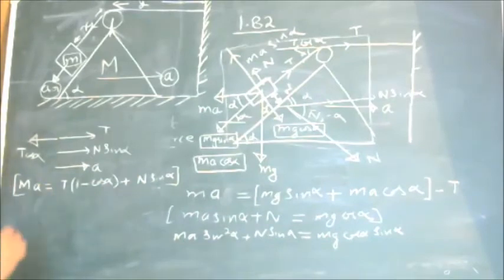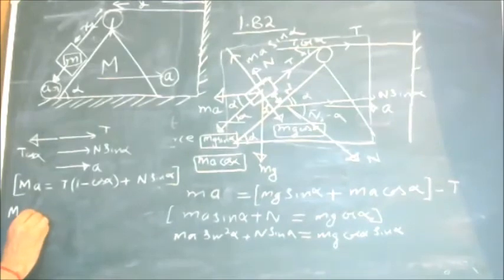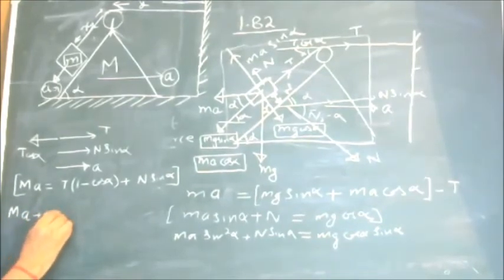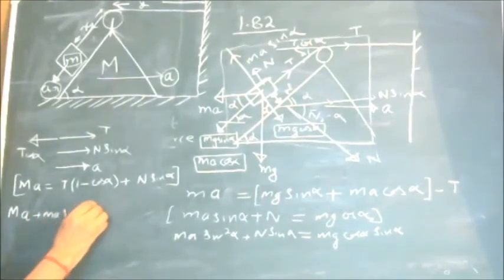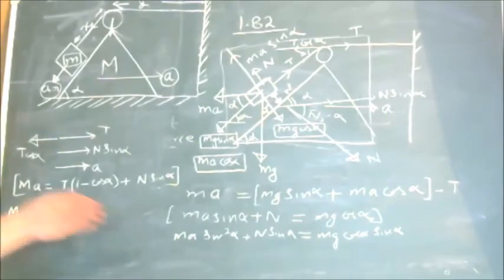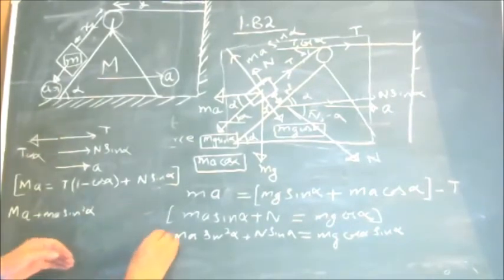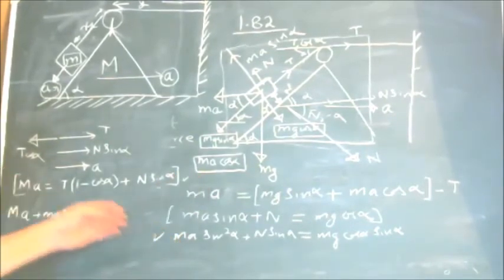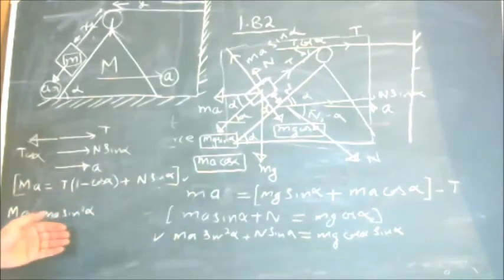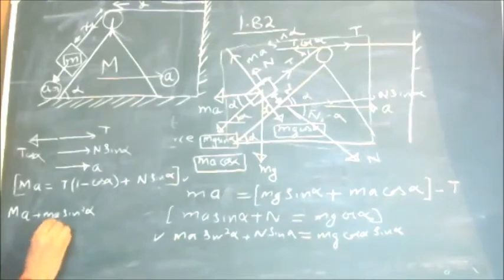We get MA plus ma sine square alpha. We are adding these two, this one and this one, and on the other side we have one more, that is N sine alpha, oh that is getting cancelled, sorry.